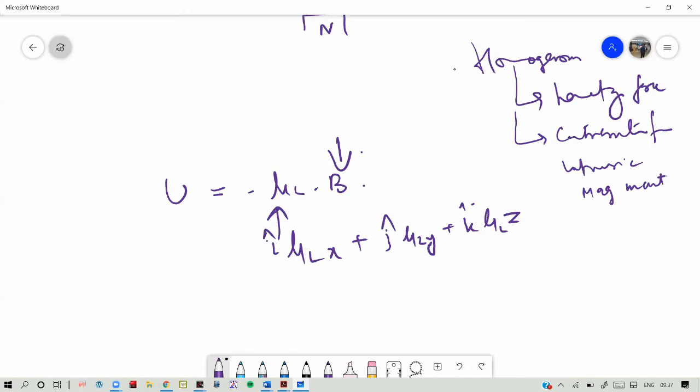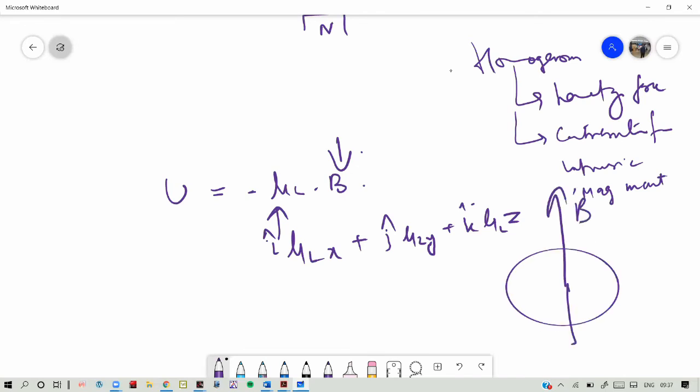The minus is there because mu L has the opposite direction, since it is a negatively charged particle.